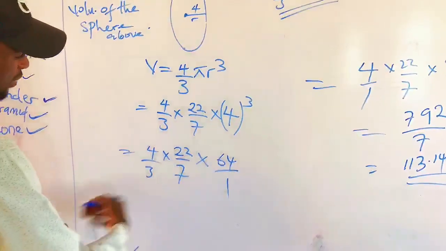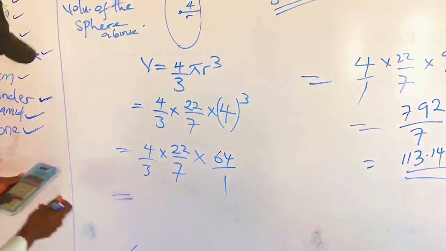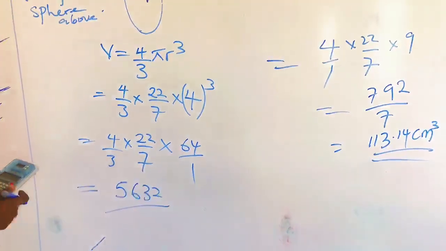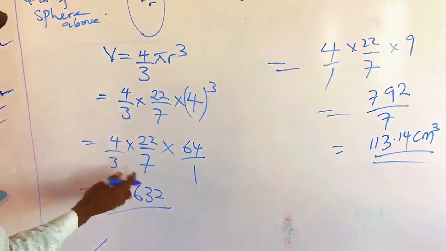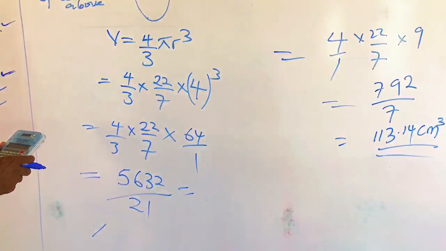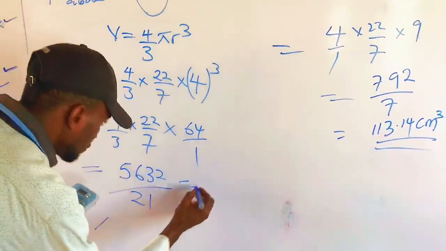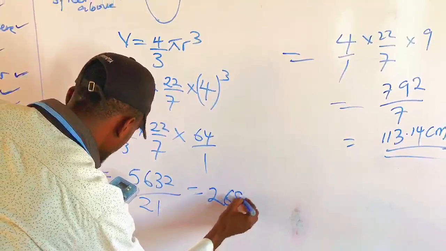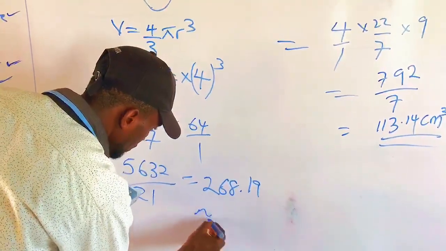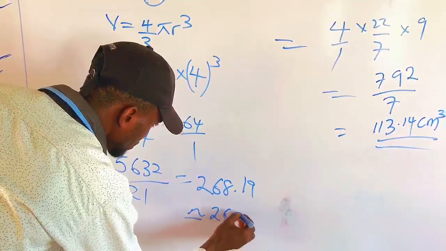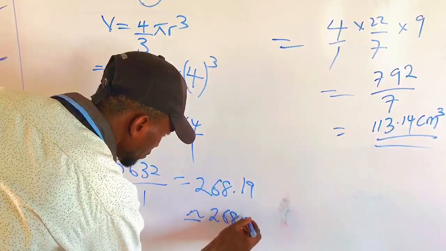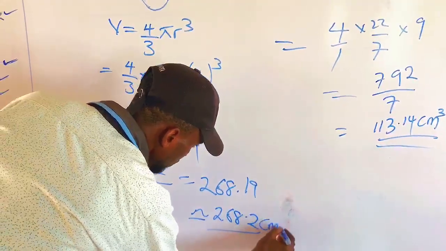So when we multiply everything out, we have 5632 over 7 times 3, which is equal to 21. So when you divide this, it is equal to 268.19, which is approximately 268.2 centimeter cube.